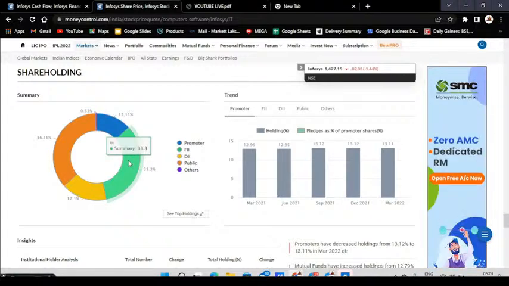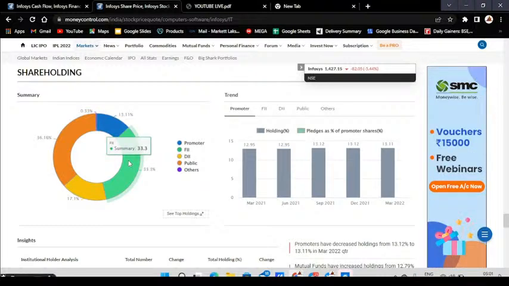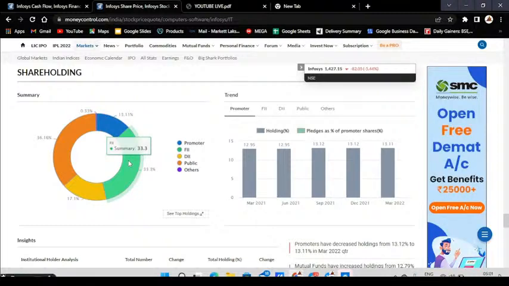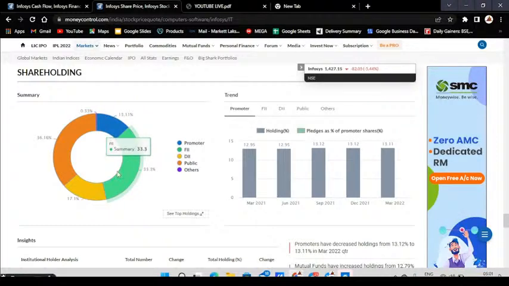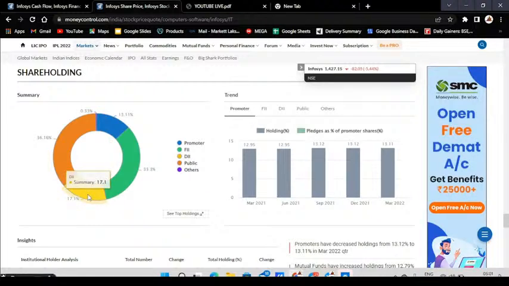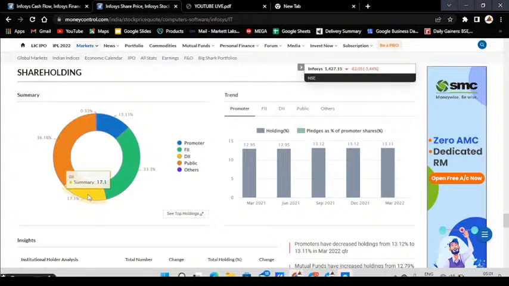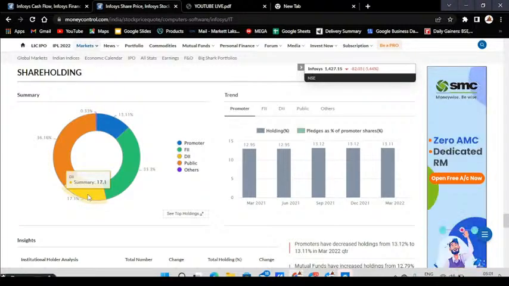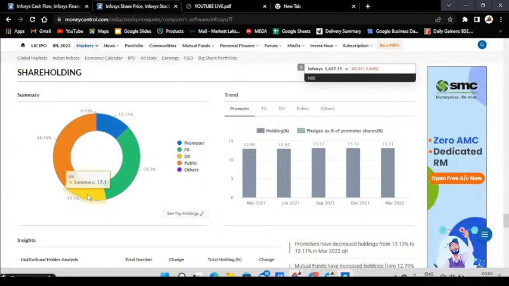FIIs are holding 33.3% shares in Infosys. Now, DIIs, domestic institutional investors, मतलब कि जो भी हमारे इंडिया के financial institutes हैं, they are holding 17.1% shares in Infosys of total 100%.